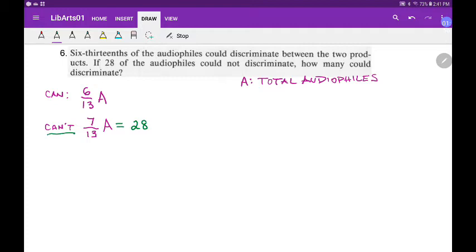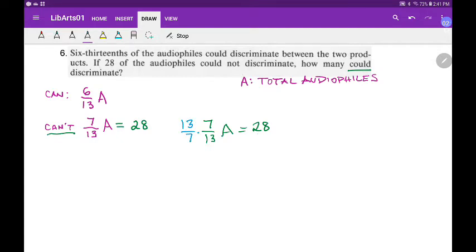And then I can find, oh, how many could? They want me to go back to the first one. They don't want me to find can't, but let me go ahead and I need to find A. So this is the only way I can think of at the moment to find A. So let's see, what will we do to find A? Get A by itself, that is to say. Well, let's see. We'll multiply by the reciprocal.